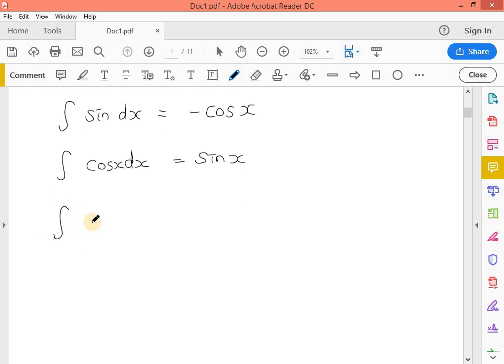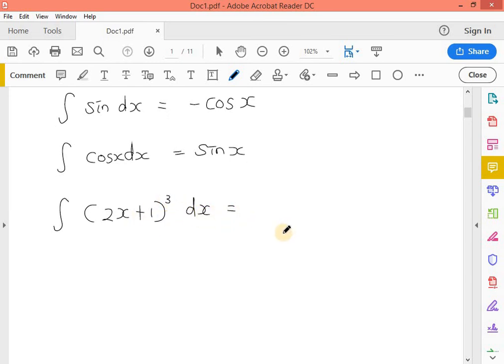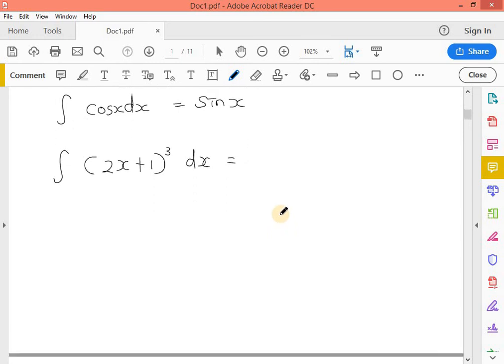Okay, next we upgrade a bit. How about this one, what will you do? So you remain this 2x plus 1, and for the 3 you plus 1 to become 4. Okay, so you put your 4 here, and after that you have to look for the parameter inside the bracket.